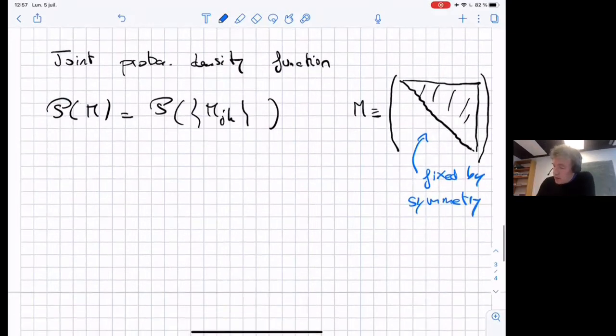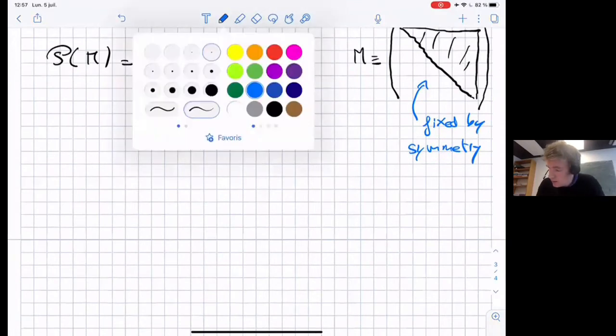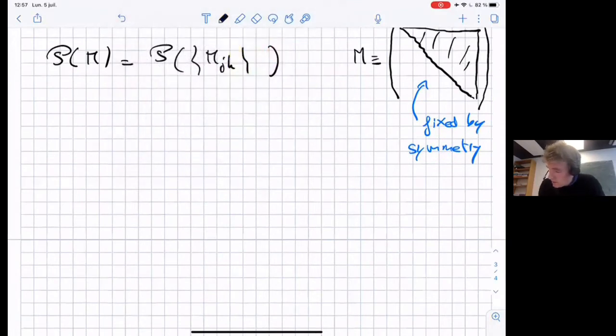In other words, if I want to be more explicit, this P of M here will be of that form. So these are independent. Sorry, they are not necessarily identical, but they are independent.